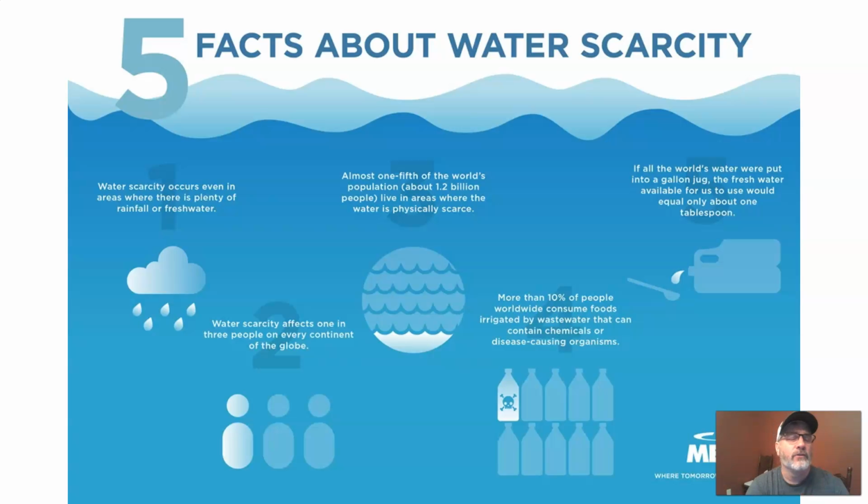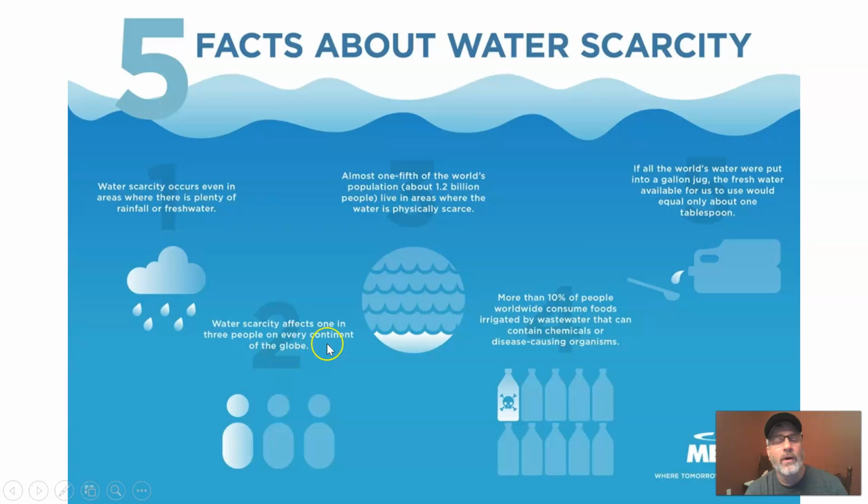Now, something that is not a thing we deal with on a daily basis is this idea that water is scarce. This is water scarcity. This really means that there are many people on the planet who don't have access to enough clean, drinkable water, and they have to go to really extreme measures to have enough water to survive. Water scarcity affects about 1 in 3 people.